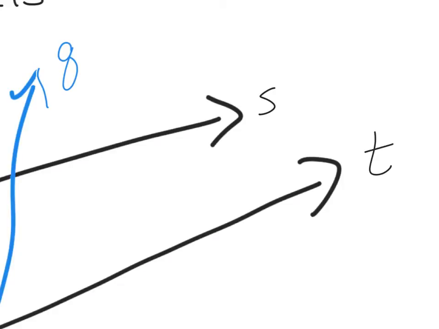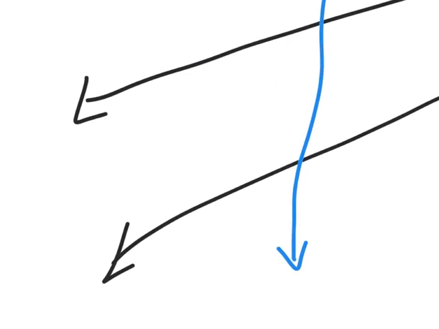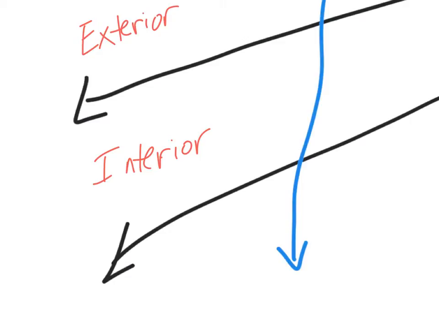Okay. Now, one thing I want to talk about here is that in between these two lines, S and T, I'm going to call that the interior. Okay. This is inside of these two lines. And then the space on the outside of those two lines, I'm going to call that the exterior.